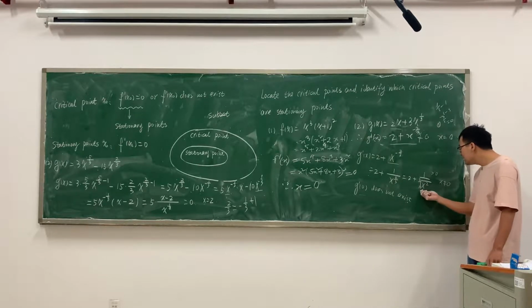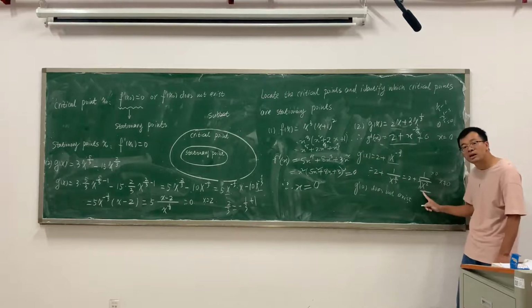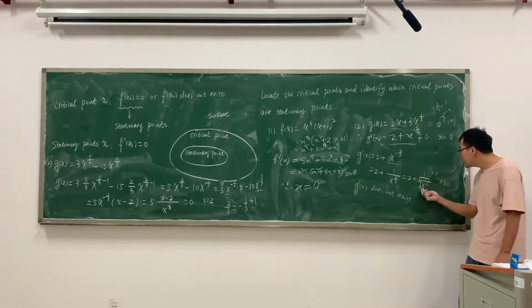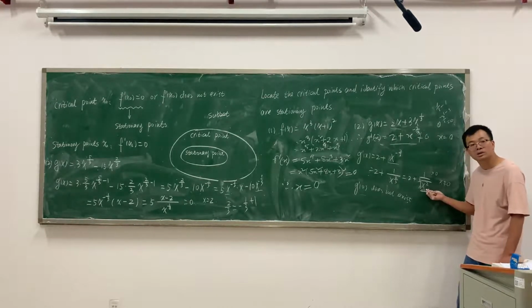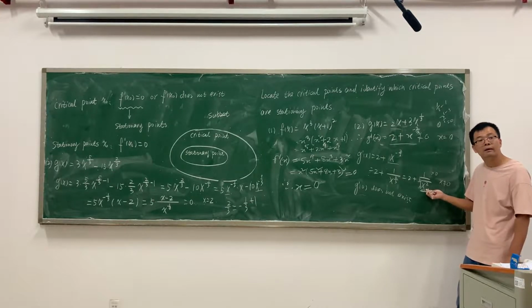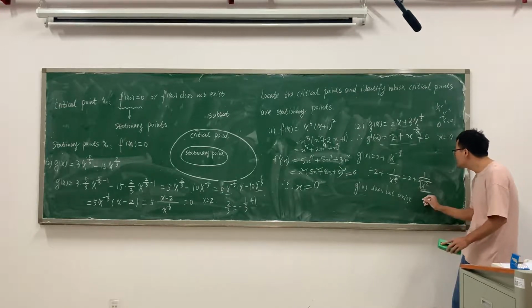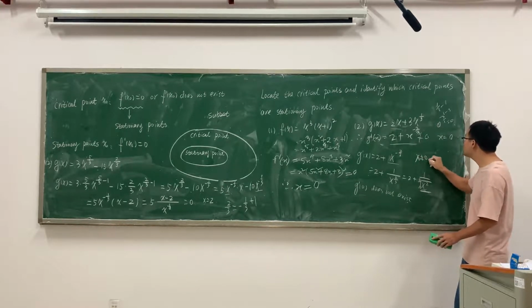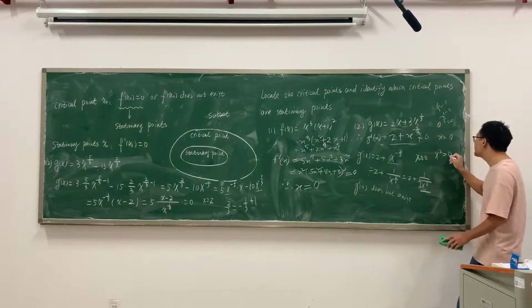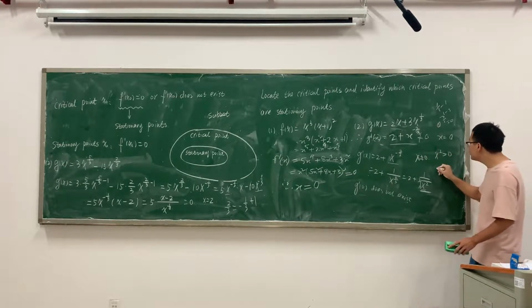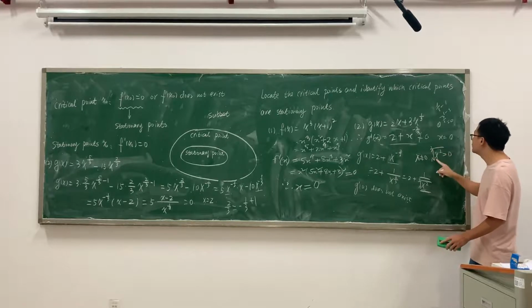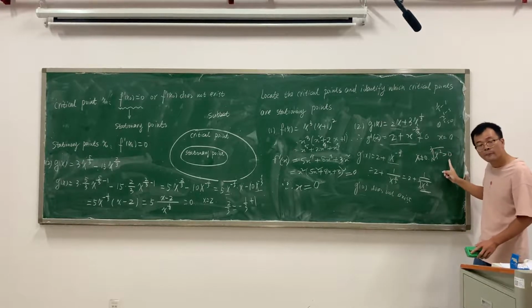So now we can see, if x is not equal to 0, x squared is positive, x squared greater than 0. So the cube root of x squared is also positive.